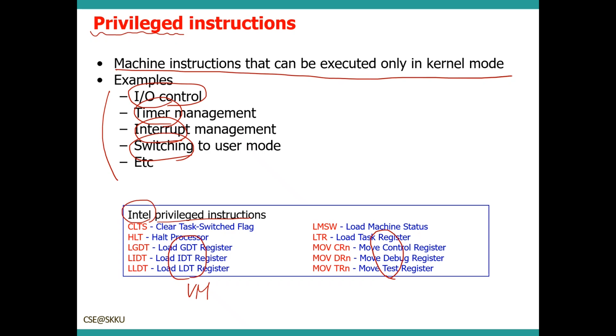To access these important system resources, the privileged instruction must be executed, and this privileged instruction cannot be executed in user mode. Okay, so a user application cannot execute these privileged instructions. Only the kernel can execute the privileged instructions.